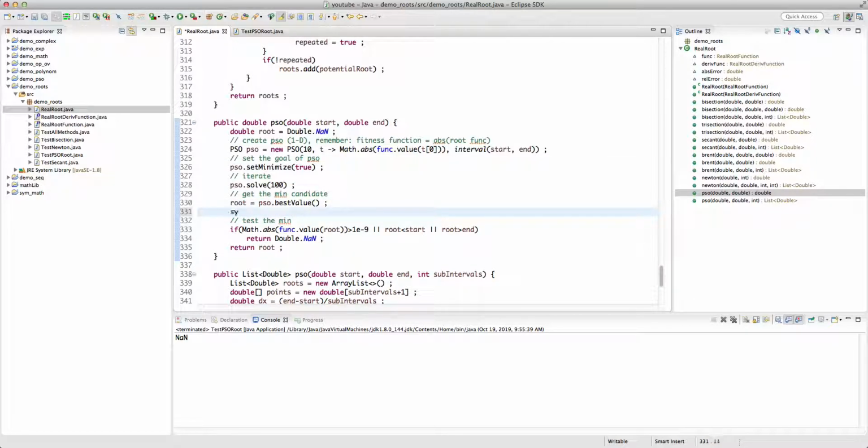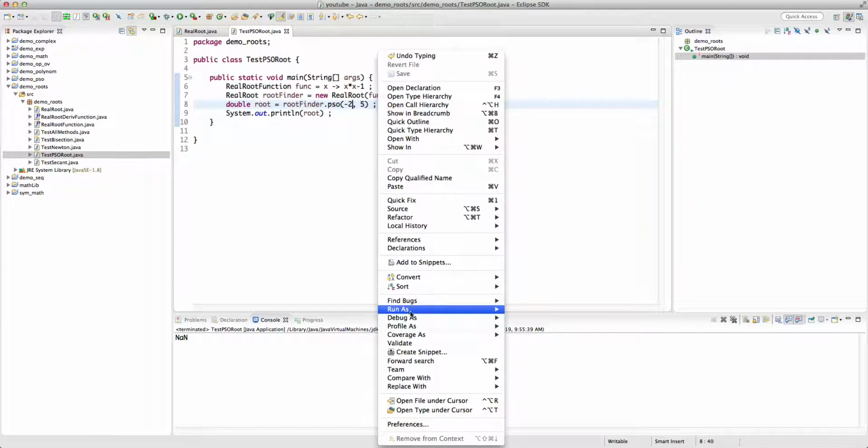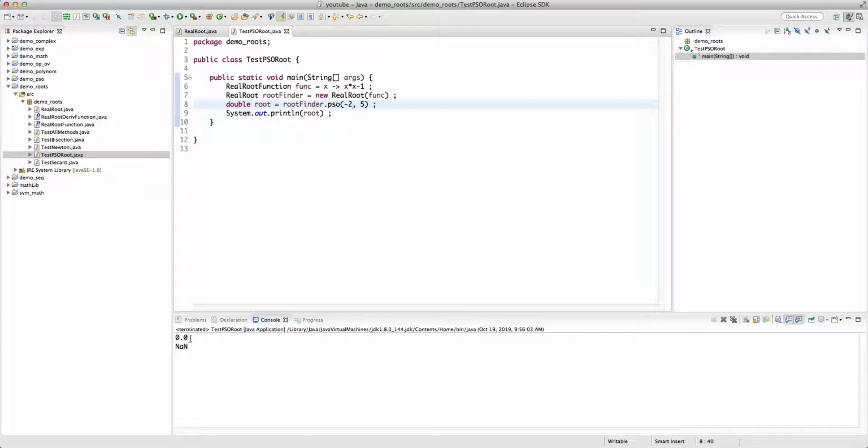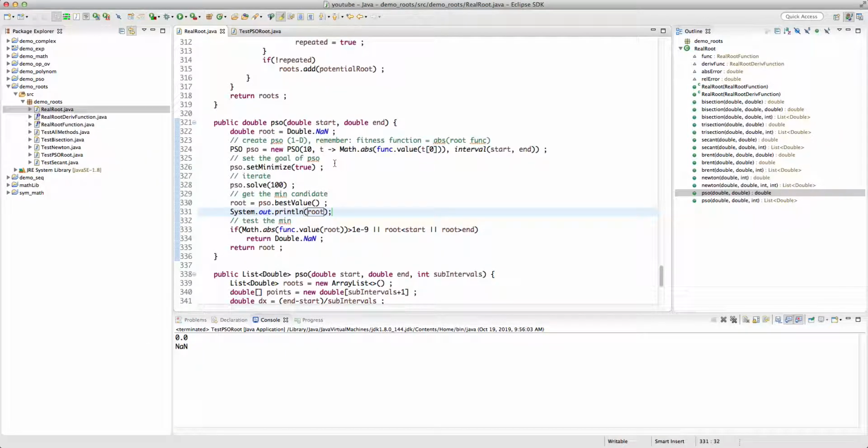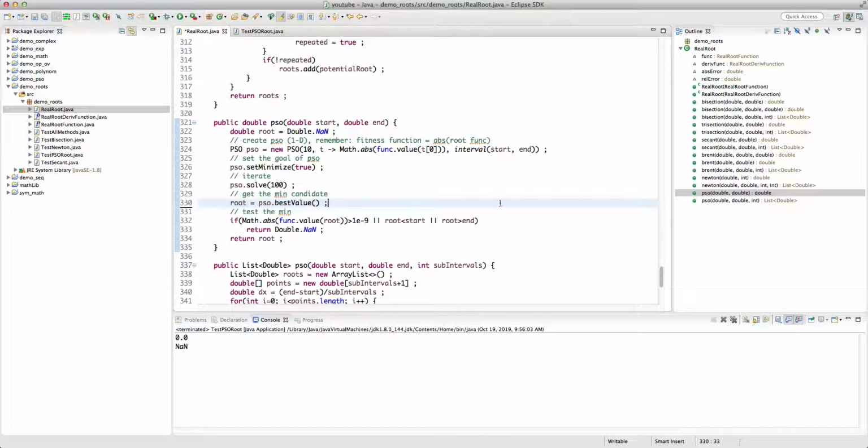Let's try to return the root also. So it returns 0. Let's see. Best value is 0.